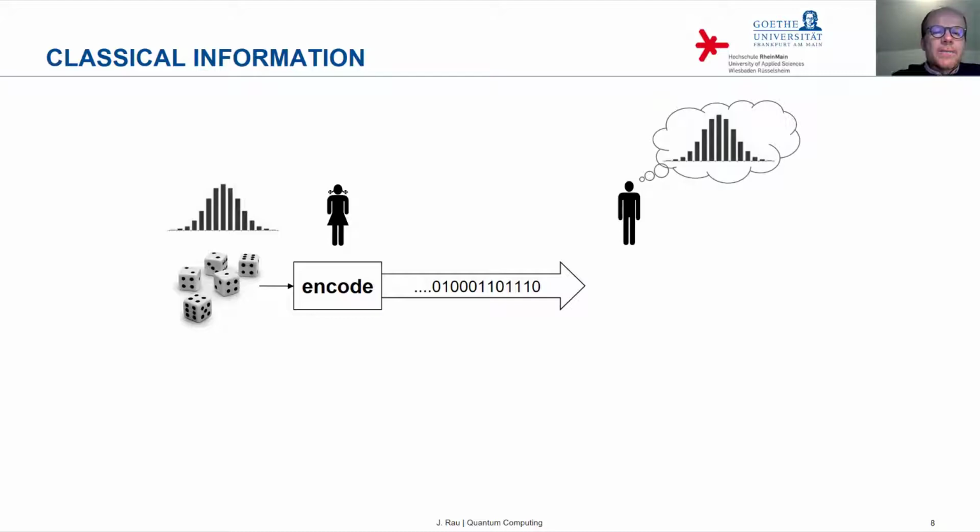This is the number of trials. Here there are 5 trials of the random experiment. So this is all information that Bob has in advance. But what Bob does not know is the specific sequence of results. So the first die had 2 spots, and the next die had 4 spots, and so on. That's new for Bob, and that's the kind of information that Alice has to send using a bit string.